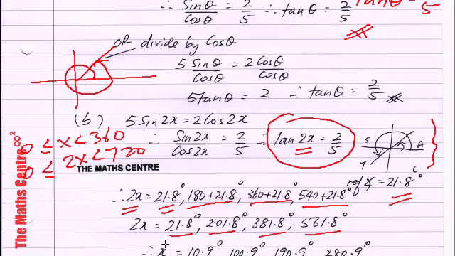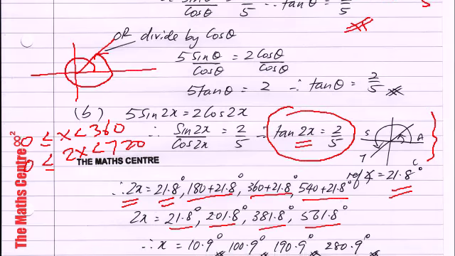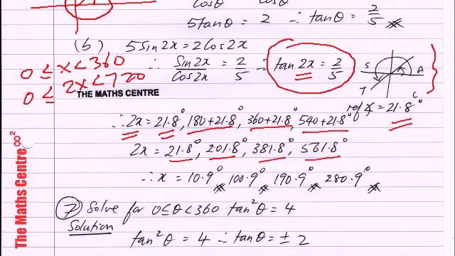After that, divide by 2 throughout and you get your final answers for x. Let's do that and see what we get. We will get x equals 10.9 degrees, 100.9 degrees, 190.9 degrees, and finally 280.9 degrees.